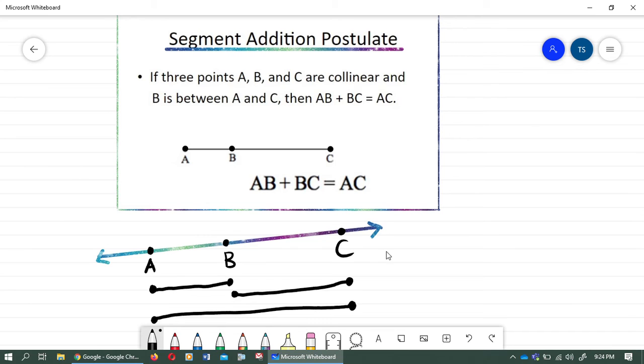In other words, folks, when you take the length of AB and the length of BC and add them together, the length of those parts has to be equal to the length of the whole thing. I hope that makes sense. There's not much else I can do to explain that the length of those separate parts, AB and BC, when you put them together, has to equal the length of the entire segment, AC.